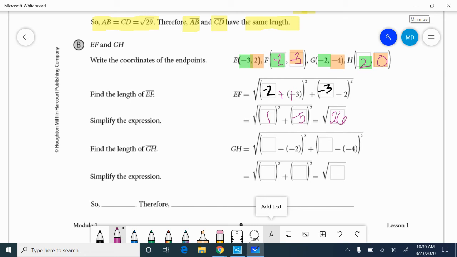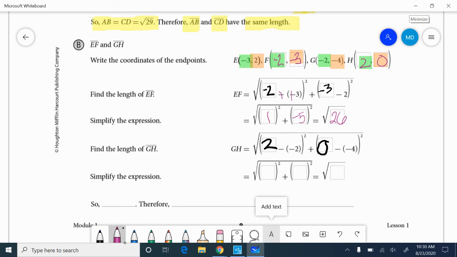And now we're going to look at GH. X values you subtract first. -2 is already chosen to be in this spot right here. So that leaves me to put a 2 here. And looking at our y values, that means I have to put a 0 here.